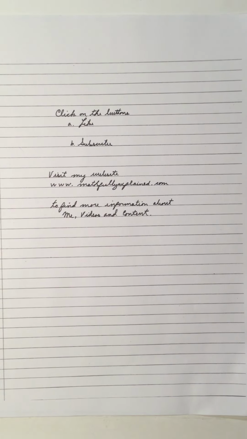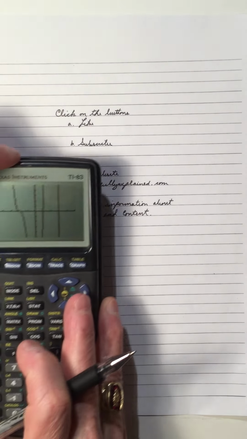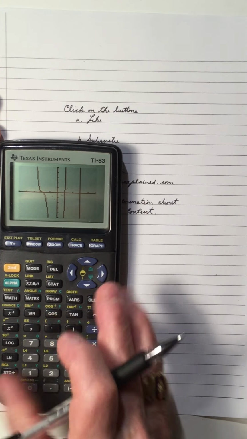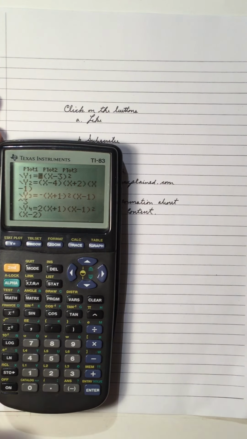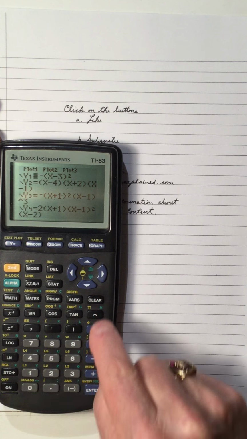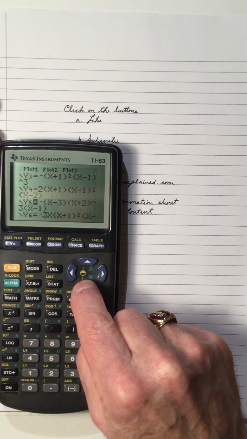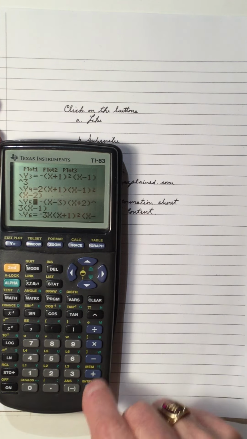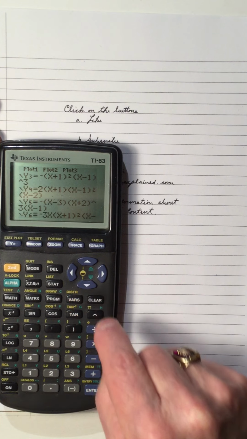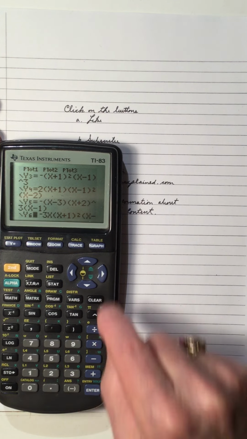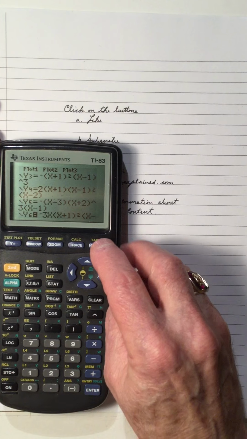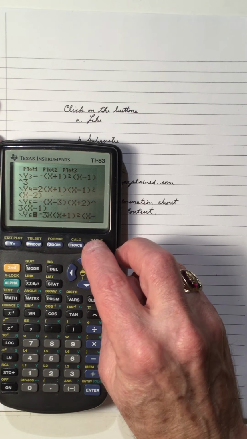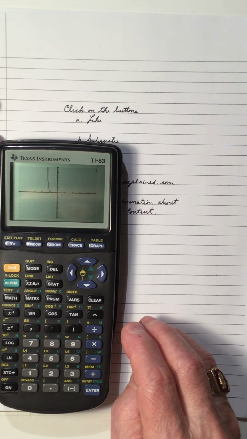Whoops, I forgot to look at the last equation. Let's look at the last equation. I got it done, so I just want to look at it. Go on down. We'll undo number 5, and we'll do number 6, and we'll see what the graph is like.